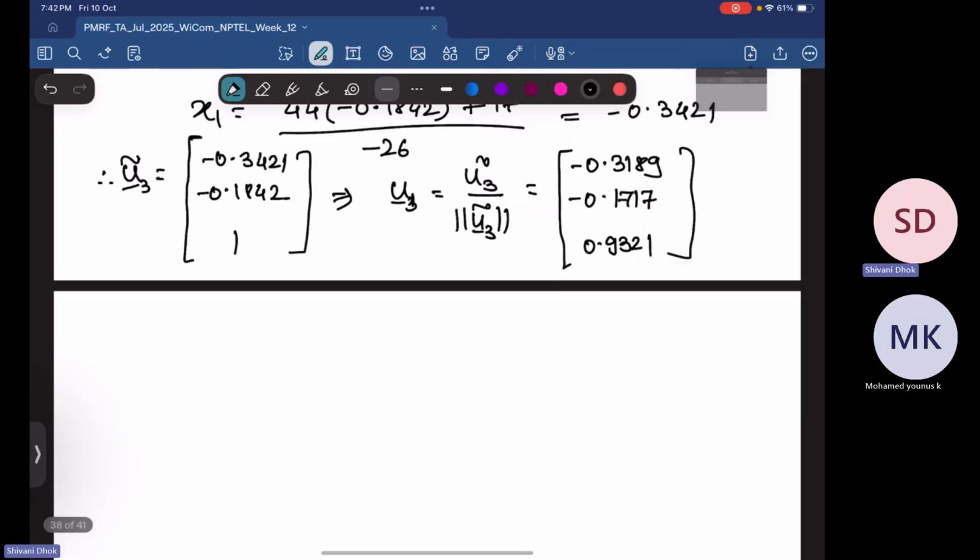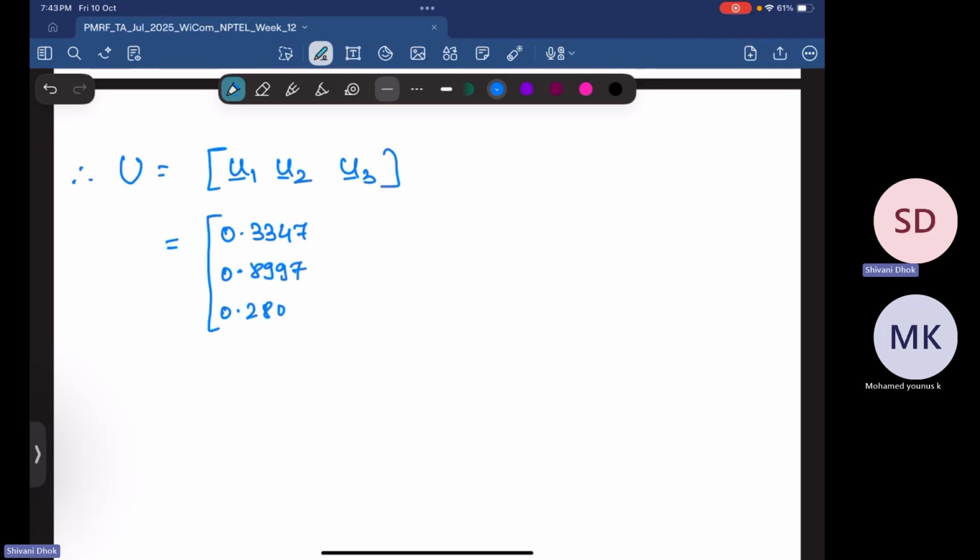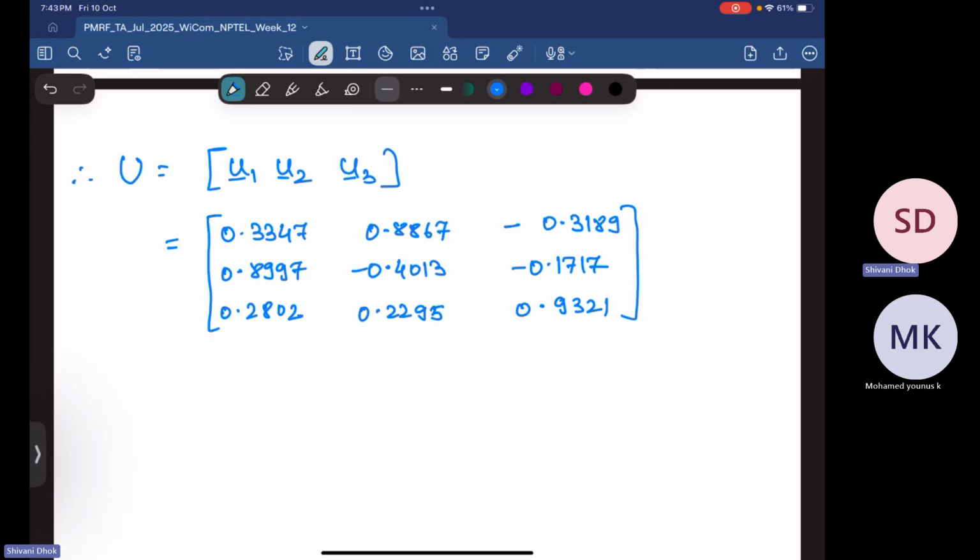So therefore, your matrix U, which is U1, U2, U3, comes out to be equal to 0.3347, 0.8997, 0.2802, then 0.8867, minus 0.4013, 0.2295, then you have U3, that is minus 0.3189, minus 0.1717, and the last one is 0.9321. So this is your U matrix.